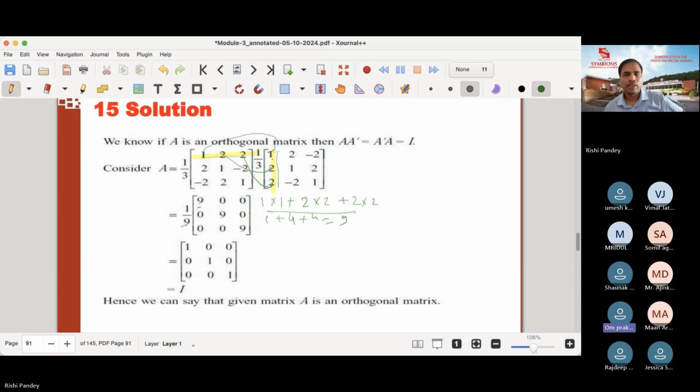Very simple. 1 into 1, 1. 2 into 2, 4. 2 into 2, 4. Addition becomes 9. Okay? Done? No, sir. Do this. Write it down on your copy and then you will be able to understand.